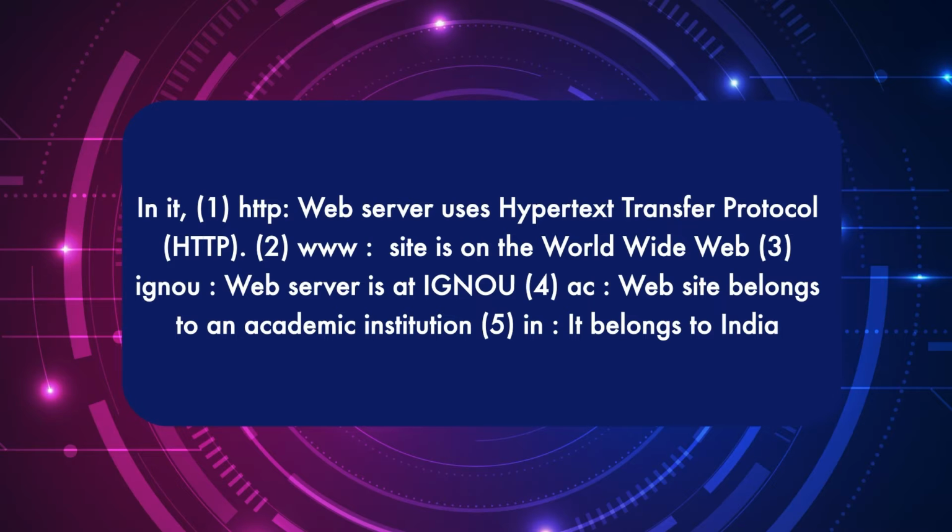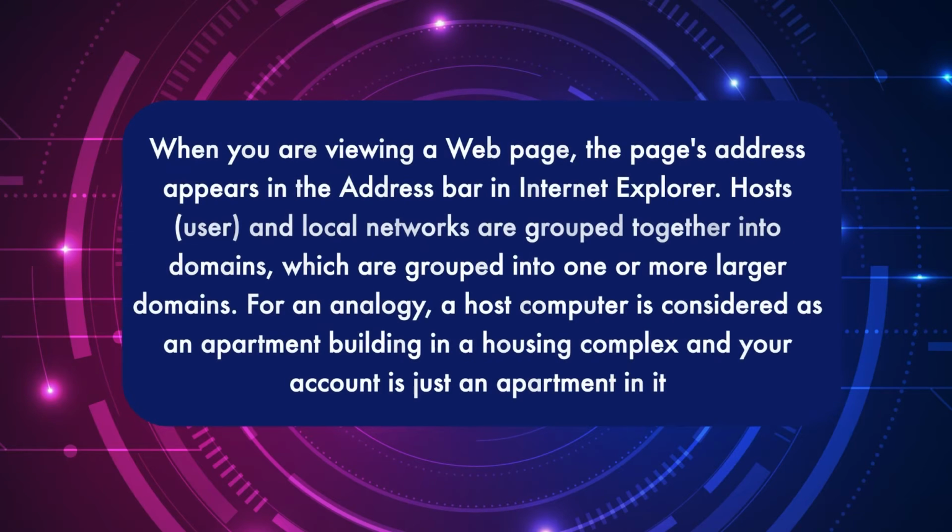Then IGNO is the web server at IGNO, and AC means that this particular address corresponds to an academic institution. Then IN means it belongs to India. So this is how, when we decompose the website address, we get all this information. When we are viewing a web page, the page's address appears in the address bar in Internet Explorer or any other browser which we use.